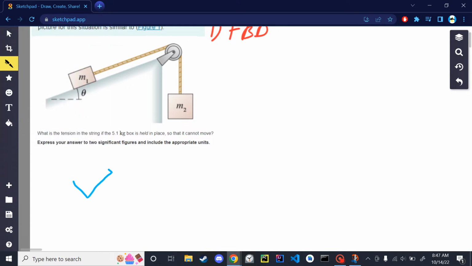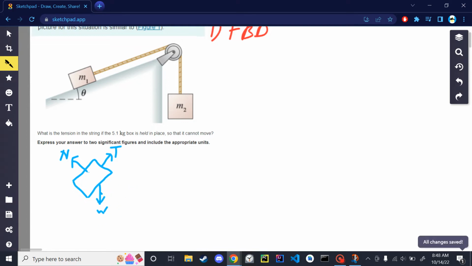So box 1 is at an angle. So this way we're going to have tension. This way we're going to have the normal force. And then this way is going to be weight. And then this way is going to be nothing because we don't have, not gravity, we don't have friction.